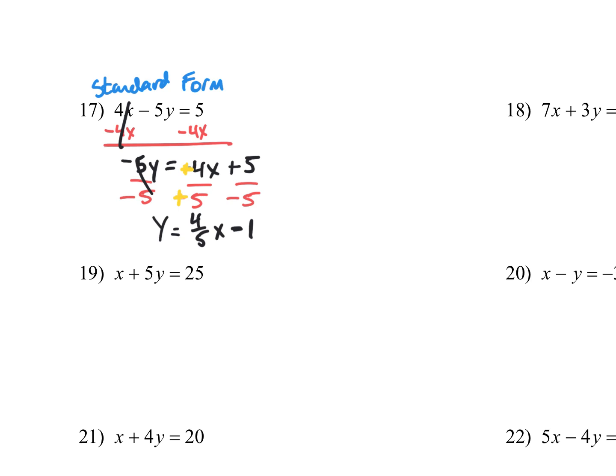Well, just like before, whatever is with your x, that is your slope. So your m value there is positive 4 over 5. Well, when it's a negative divided by a negative, you make it positive. If that had been a positive divided by a negative, you'd leave it a negative. Okay? So 2 negatives will make a positive.